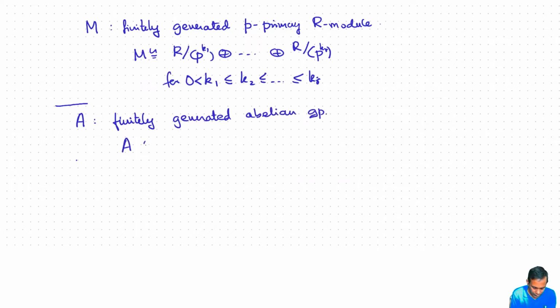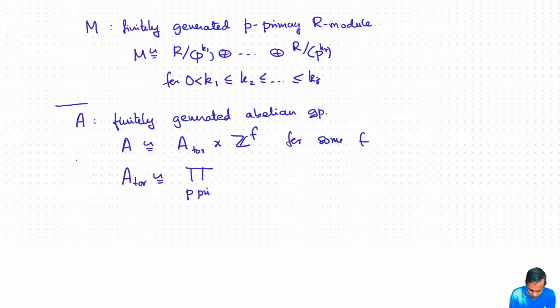Then A is isomorphic to A torsion plus, and I'll write it in group notation, so I'll use the product of groups, cross Z to the power f for some f. And this A torsion is isomorphic to the product over all prime numbers P of A_P.